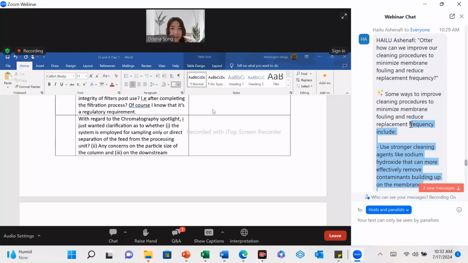And next, with regard to the chromatography spotlight, I just wanted clarification as to whether the system is employed for the sampling only or for direct separation of the feed from the processing unit.